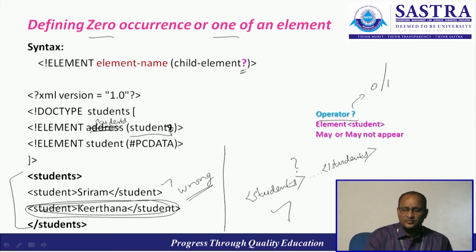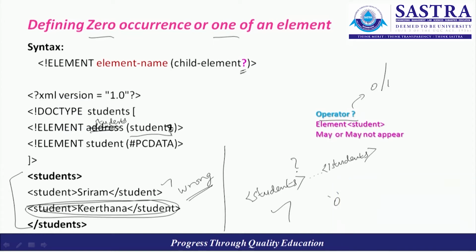Why? Now this XML document follows 0, because the question mark is written for student, in the sense that the student element may or may not be included. Here I have skipped including the student element, but this is also valid.